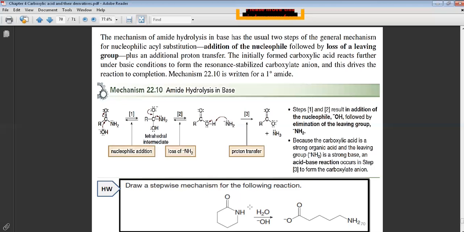This is the cyclic amide, the lactam. It will open from this side to give you this compound. I want you to draw the mechanism. This is an important mechanism, and also an easy mechanism like this one.